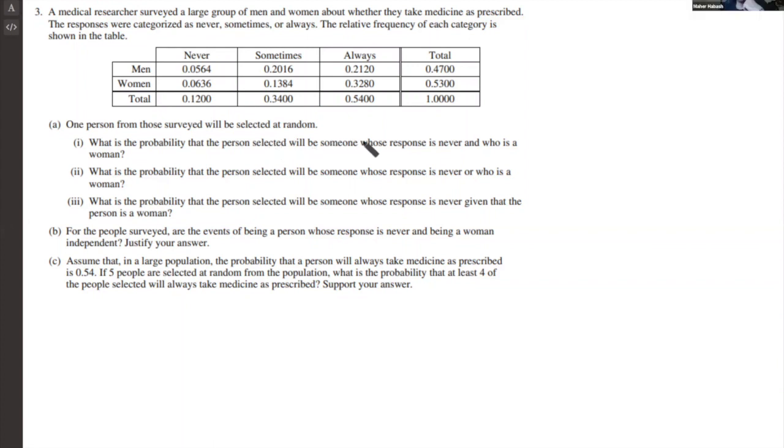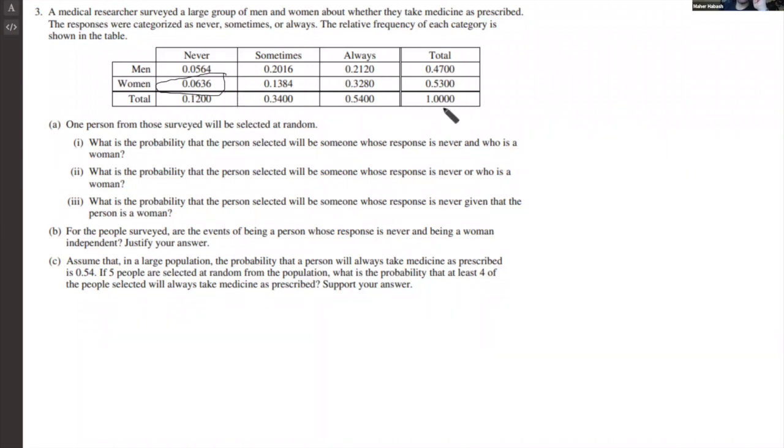So response is never and who is a woman. Well, if we want never and woman, all of the probabilities add up to 1.